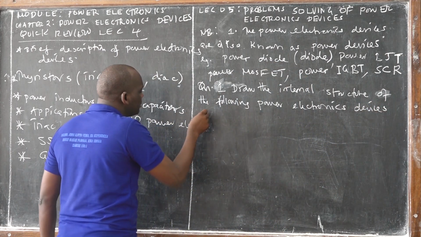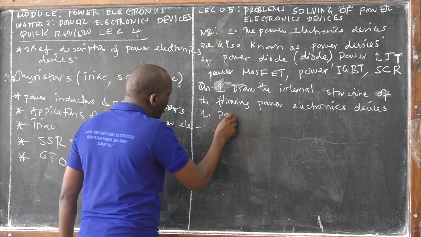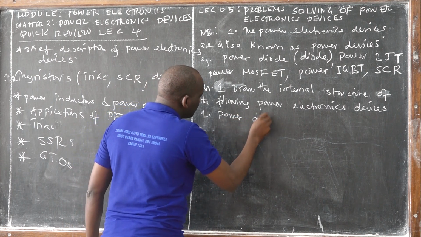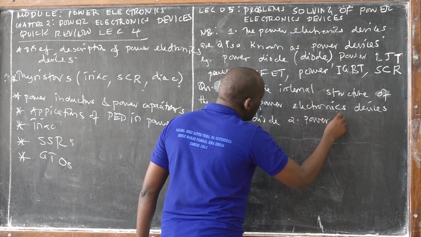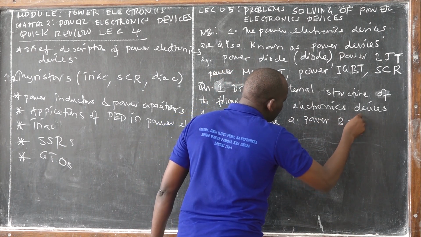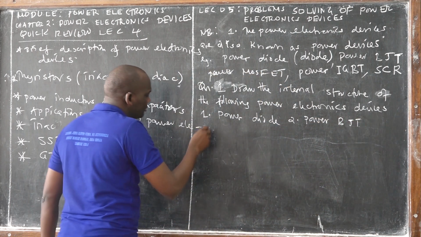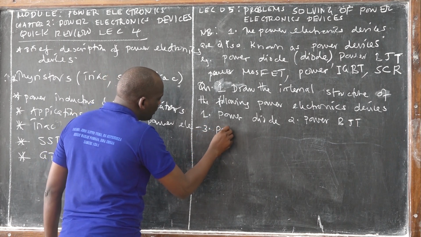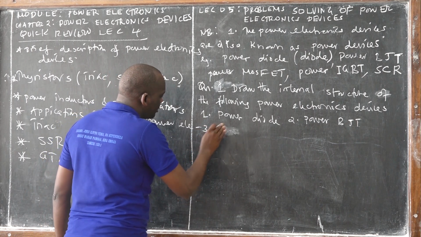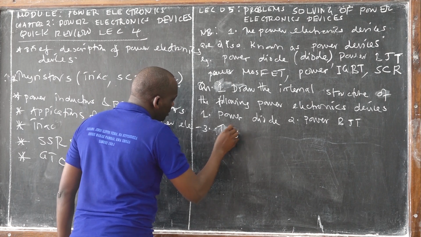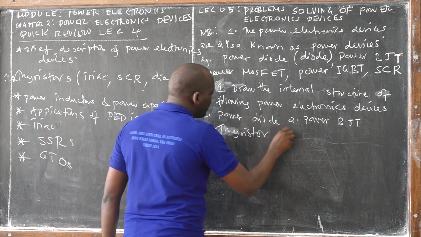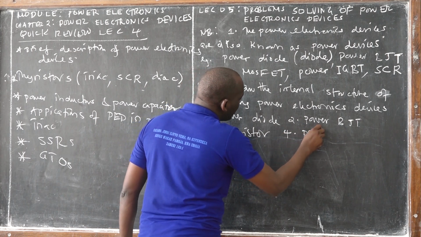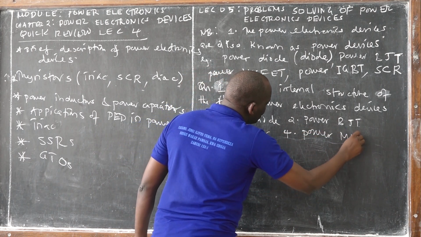The first one is the power diode. The second one is the power bipolar junction transistor. The third one is the thyristor. And number 4, which I leave as homework for you, is the power MOSFET.